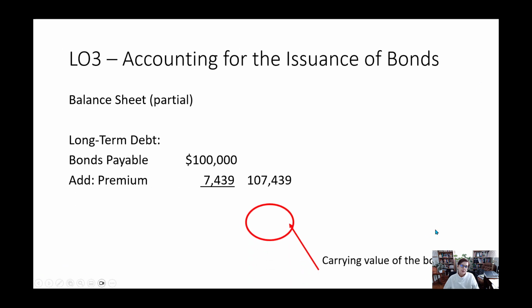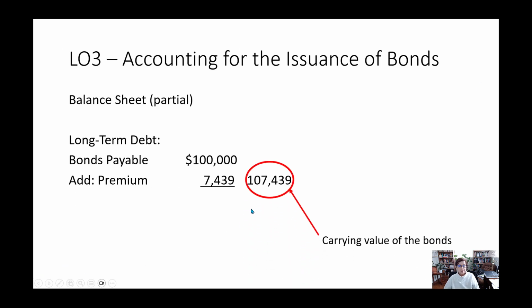All right, so we have our carrying value on the date of issuance is 107,439. And remember that this is going to go away. It gets amortized. A premium amortization is a reduction of the company's interest expense, whereas a discount is an increase in the company's interest expense.